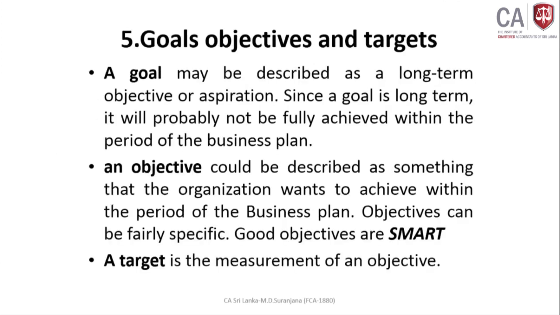Then objectives, you know the relationship between goals, objectives and the target. Here the examiner has focused on the objective. Look at the definition regarding the objectives. An objective could be described as something that the organization wants to achieve within the period of the business plan.